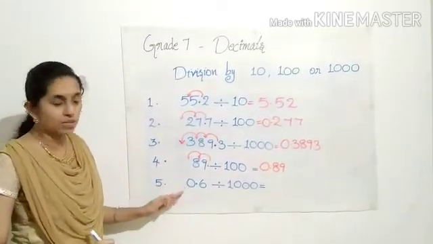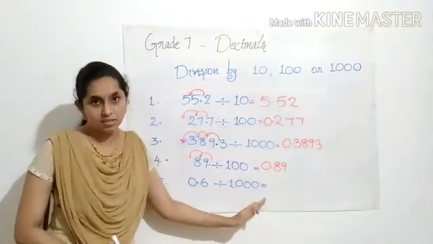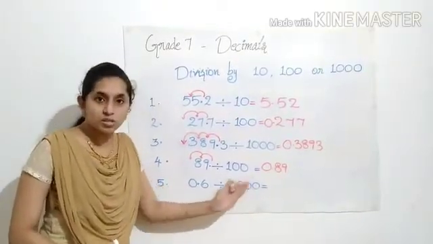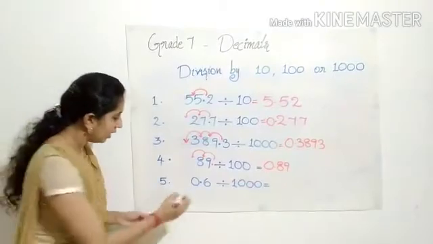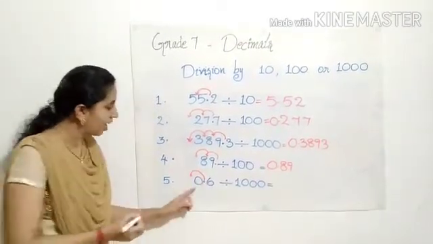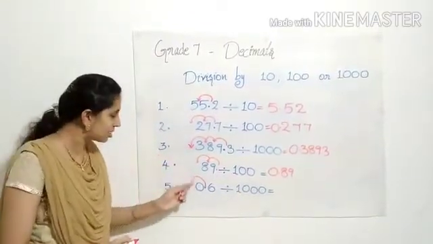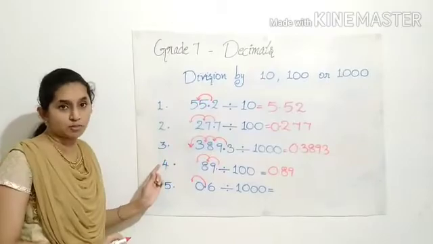Let's look at one more question, children. 0.6 divided by 1000. Here 3 zeros, so 3 places backward. Here before the decimal point you can see only 1 place, right? But we have to jump 3 places. That means 2 more shifts we have to make.